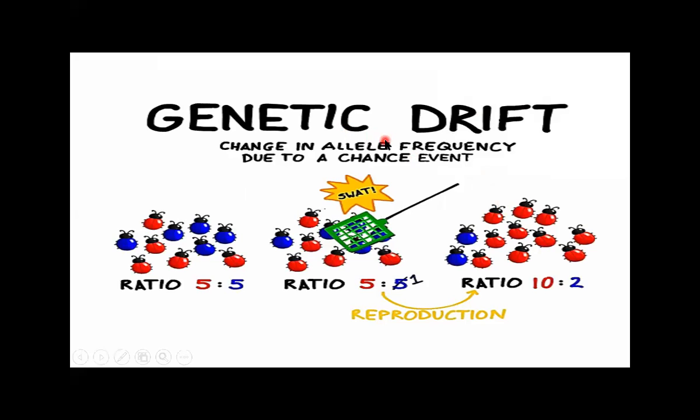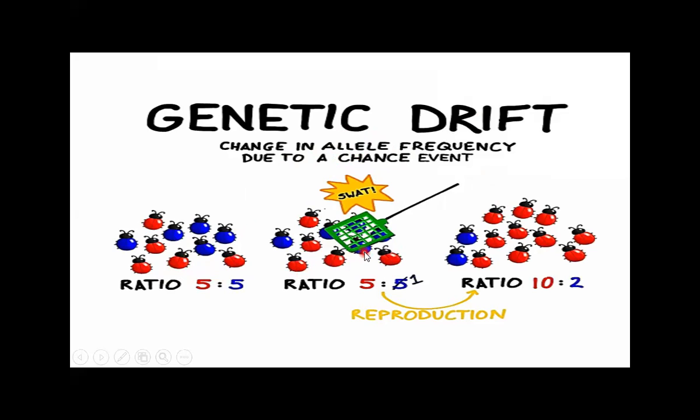What is genetic drift? Change in allele frequency due to a chance event. For example, we have the petals, blue and red petals, in a 5 to 5 ratio.